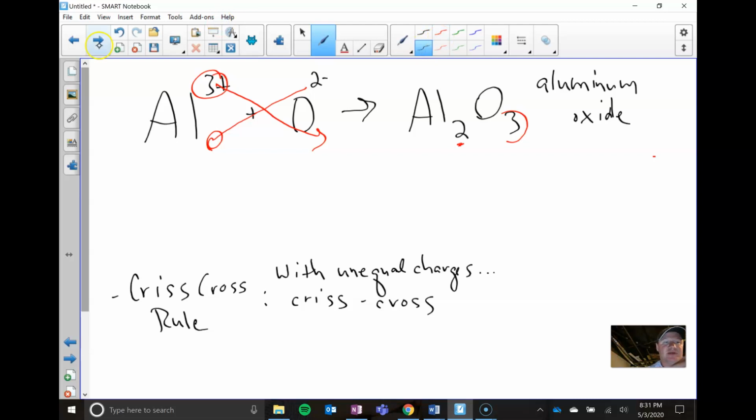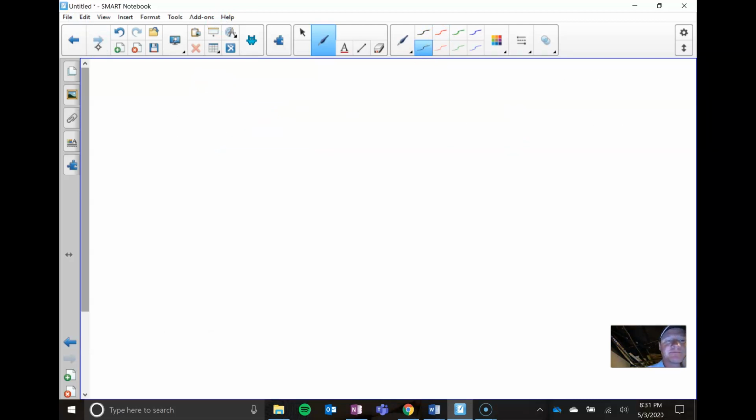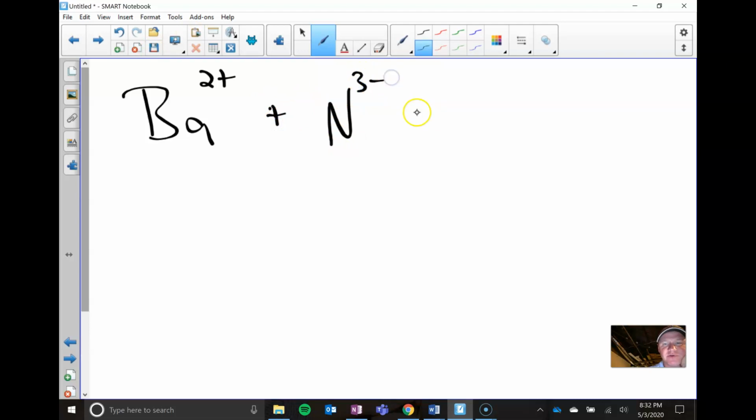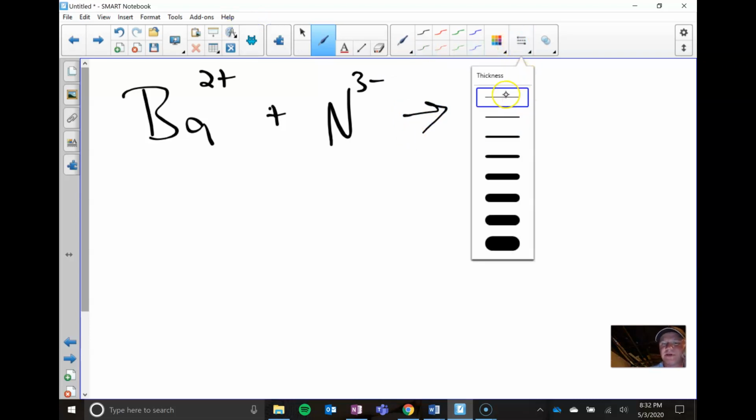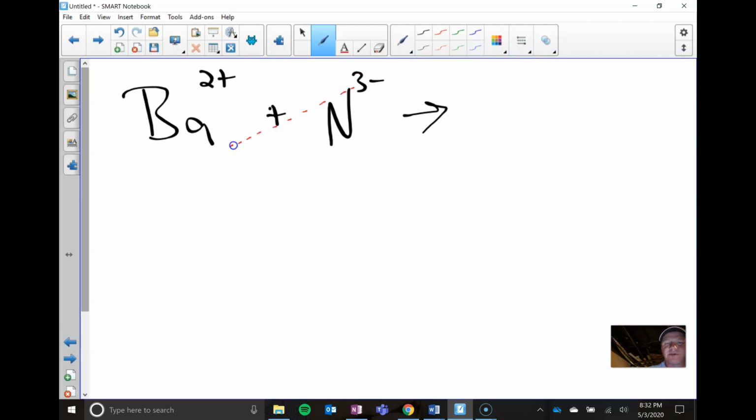So a couple other examples of that. Let's say we've got barium, +2 charge. Let's say barium is trying to pair up with nitride. It's got a -3 charge. Uh-oh, we got +2, -3, unlike charges. So what do we do? We use the crisscross rule, and that 3 would crisscross down here and become the subscript, so Ba3.